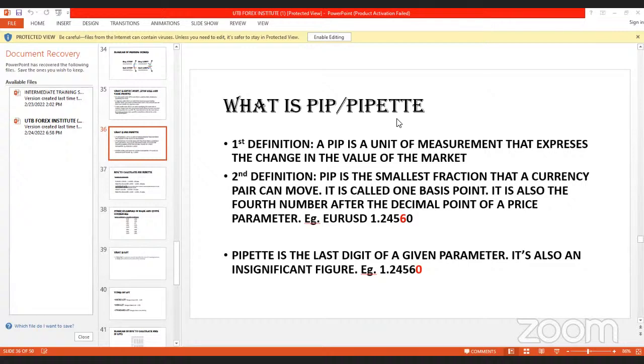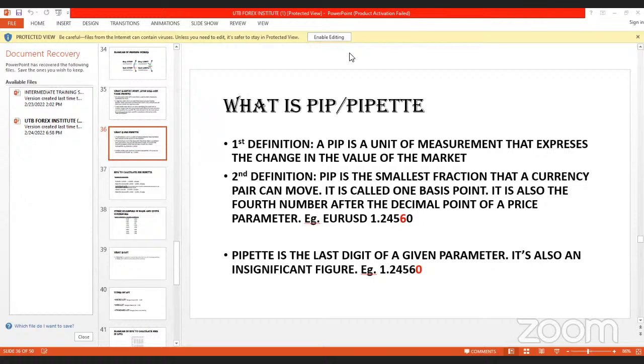We are trading a volatile market. That means the price is always changing. Now the smallest fraction, the smallest movement in price, is what we know as a PIP. Say you buy at 100, and it changes from 100 to 200. That means it has made a 100-point move.